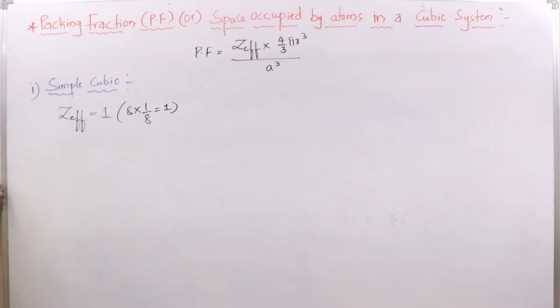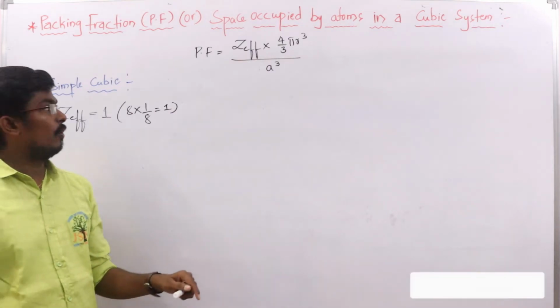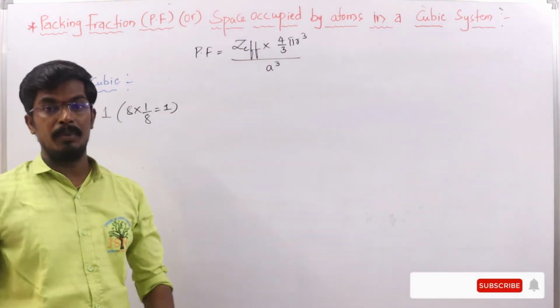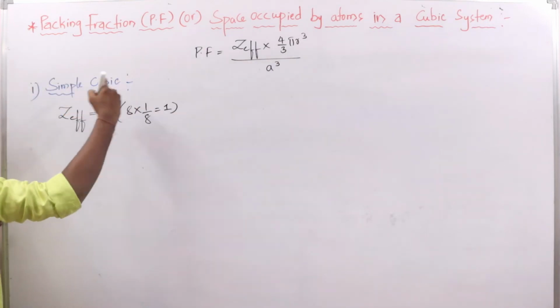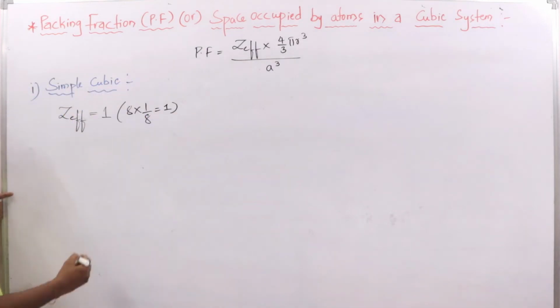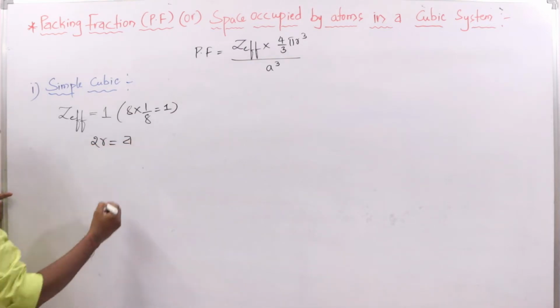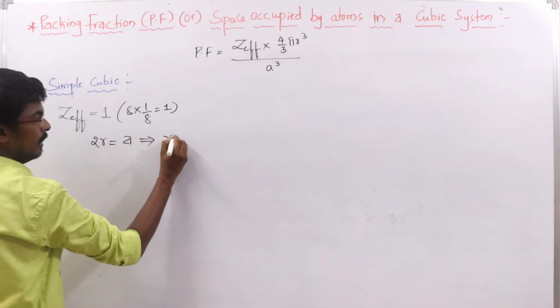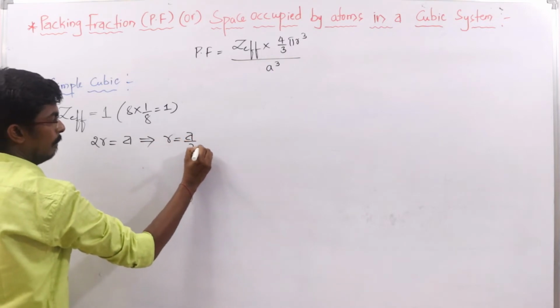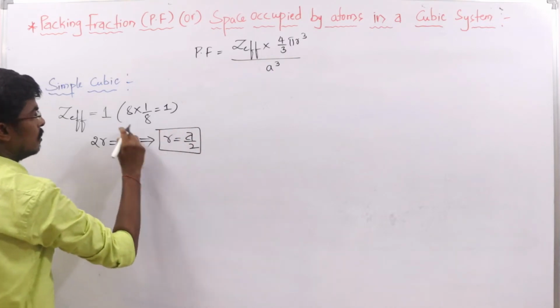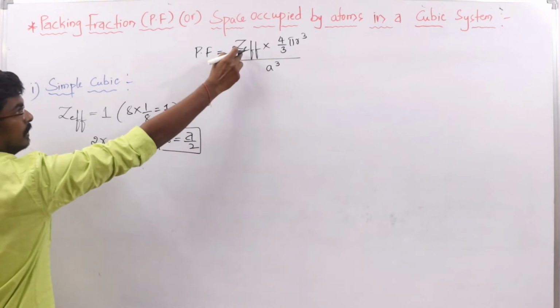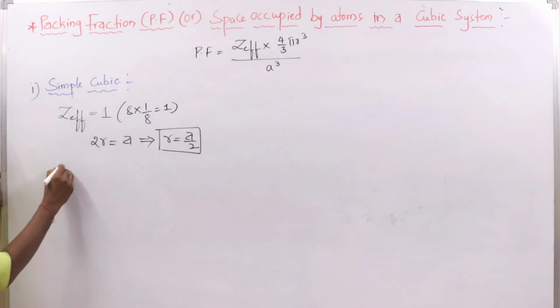Also, you know the relationship between the radius and the edge length. For simple cubic, 2r is equal to a, so r is equal to a by 2. I am going to substitute these.